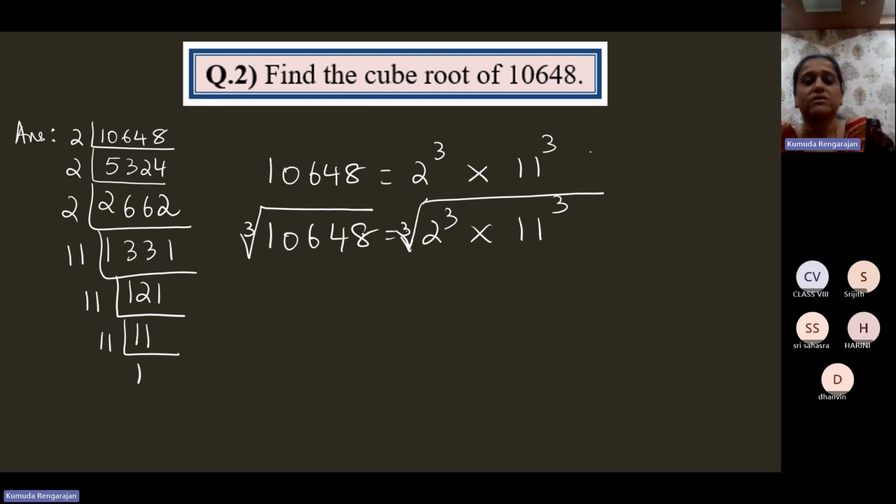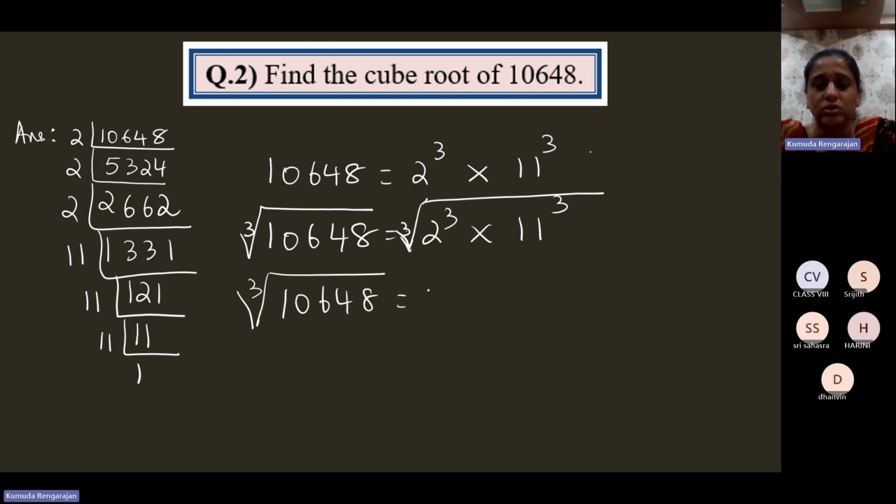So repeat that step and take cube root on both the sides. Now write this as it is, cube root of 10,648 as it is equal to. Now you'll have to get rid of the cube root symbol on the right hand side. So for that, from 3 equal prime factors, bring 1 out. This is cube root, no?